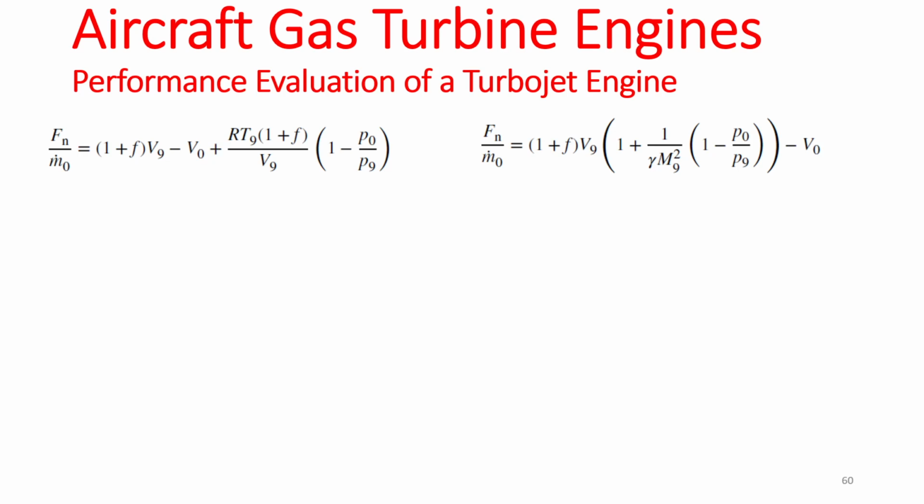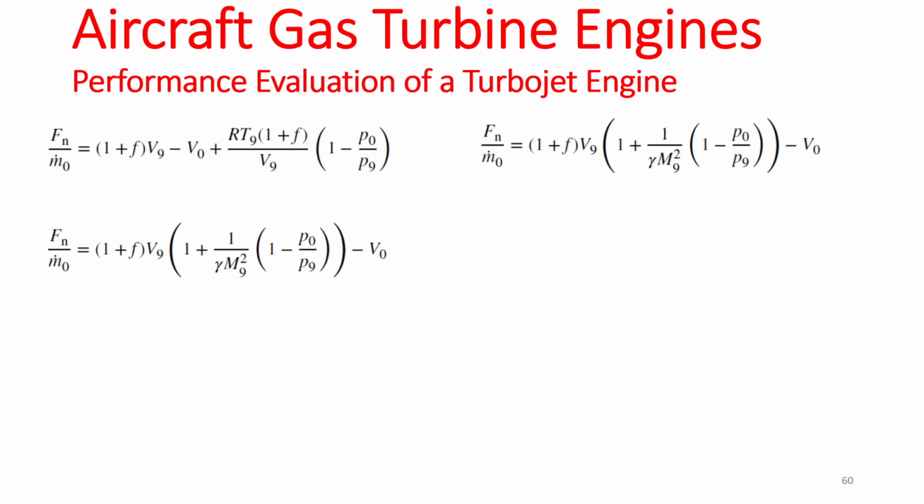You don't need to do this, but if you do the simplification and plug it into the equation, you are going to get to this equation: (1 plus f) multiplied by V9, multiplied by (1 plus 1 over gamma M9 squared) multiplied by (1 minus p0 over p9), minus V0.